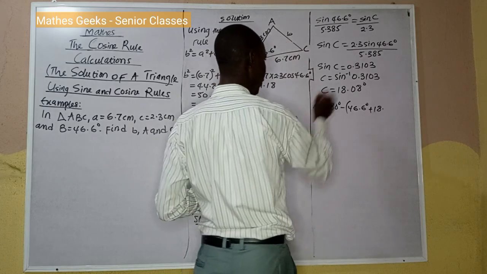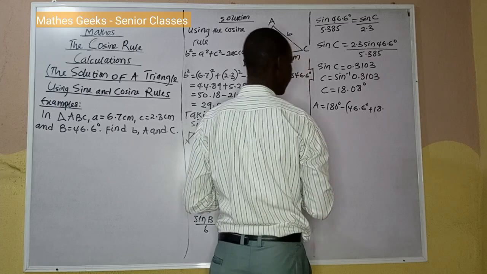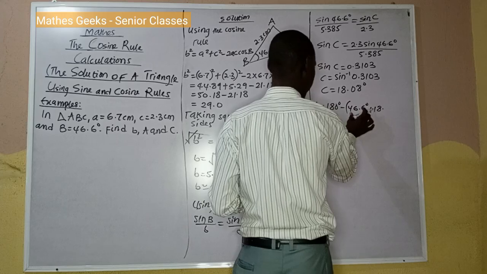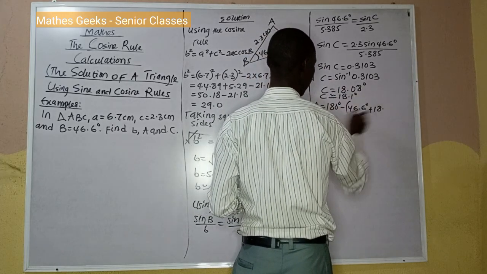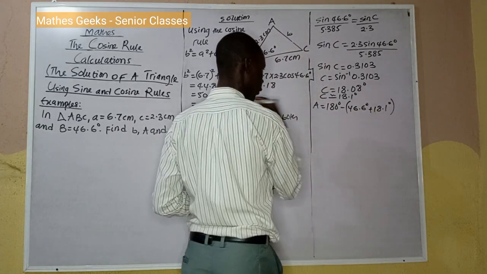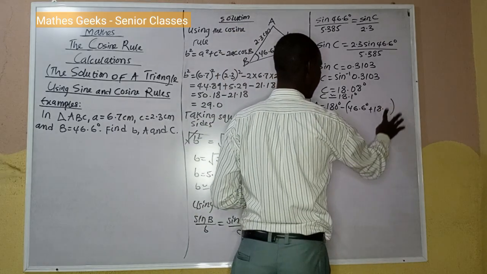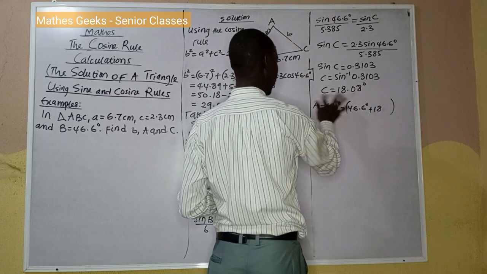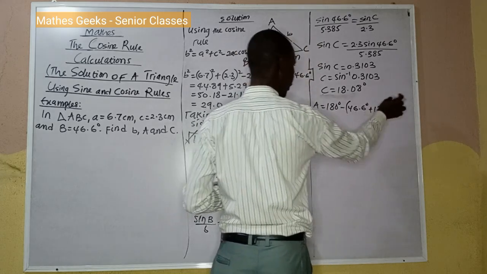I'm thinking of approximating this value to 1 dp, because what I have here is 46.6 degrees, so approximately C is equal to 18.1 degrees, so that can be uniform. Okay, so I think I just said that you shouldn't use the approximated value until the end of the calculation. So let me do this one, 18.08 degrees.